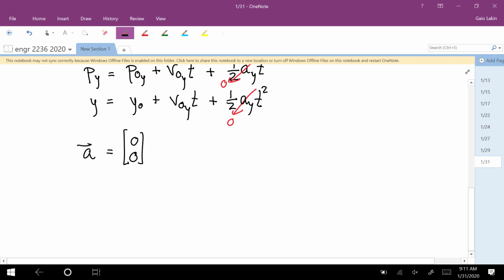Then you could integrate that to come up with the fact that the velocity as a function of time is equal to some constants c_x, c_y. I'll just call those constants.